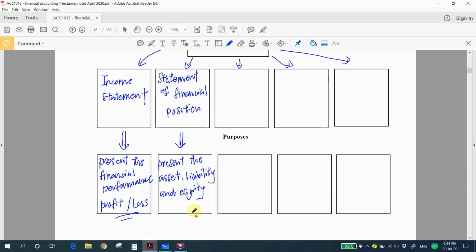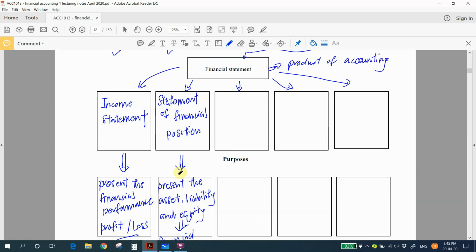So when you can show the asset, liability, and equity of the company, we can understand the financial position of the company. How much of the asset that the company has, how much of the liability that the company has, and how much of the equity they have. So from the statement of financial position, we can understand the financial position of the company.